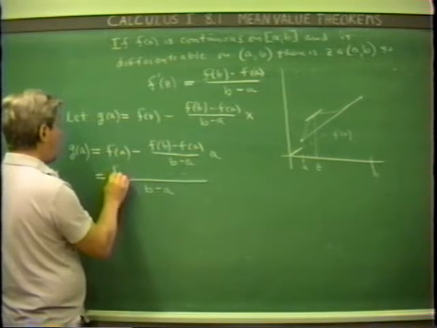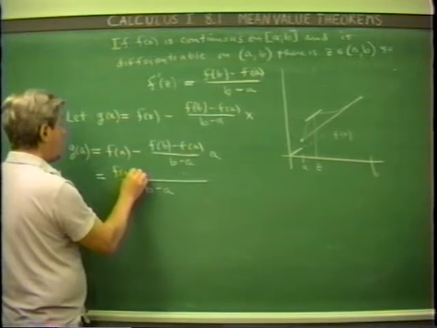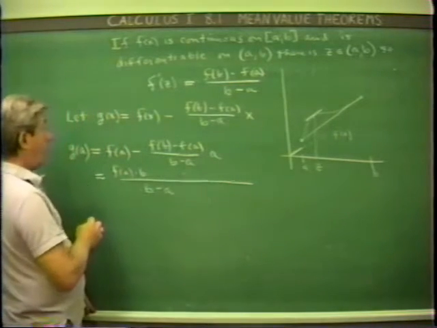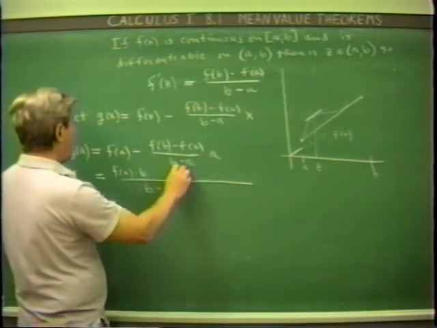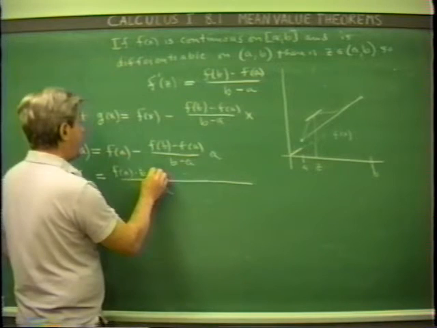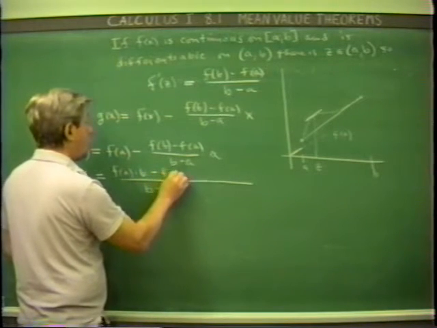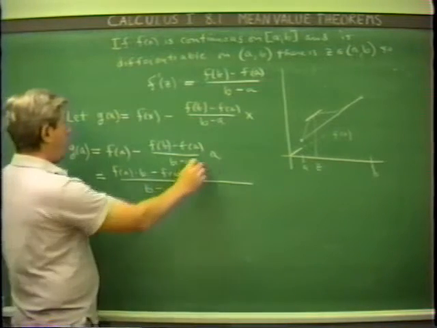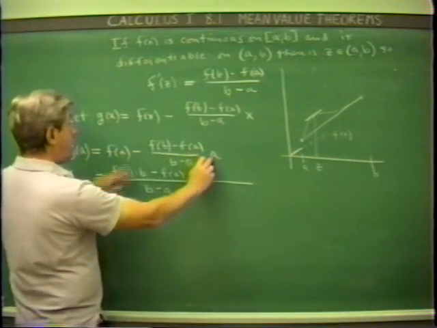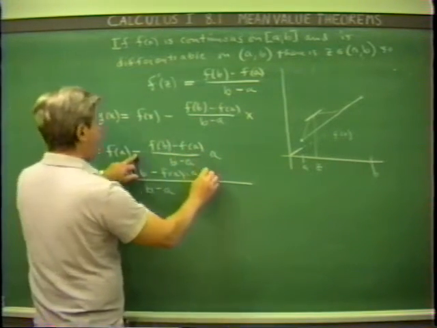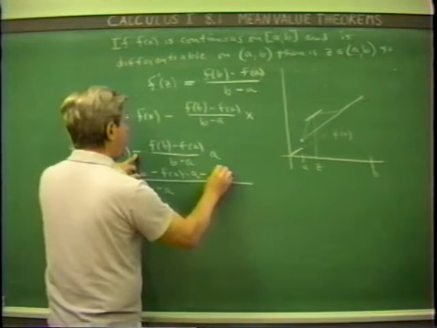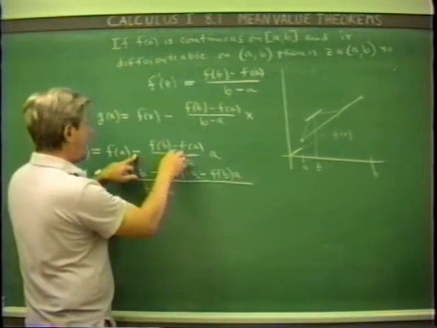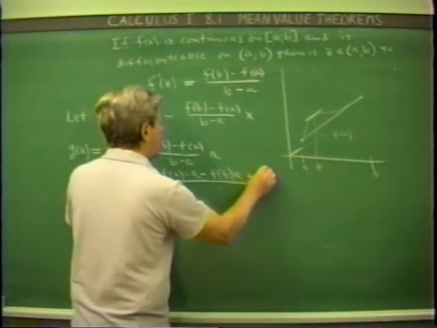I get f of a times b minus f of a times a, plus, no, minus a times f of b, so minus f of b times a, and plus f of a times a.